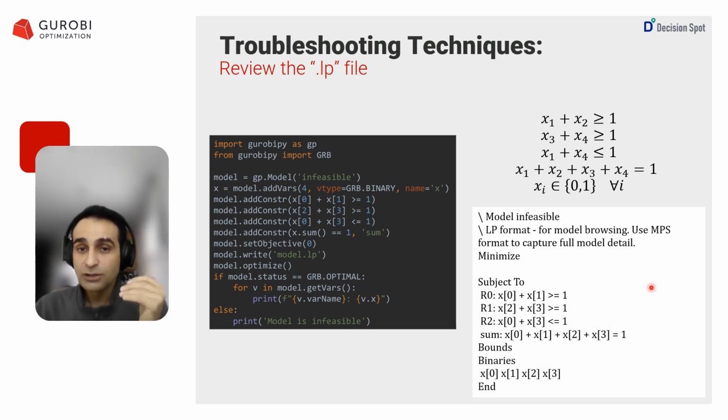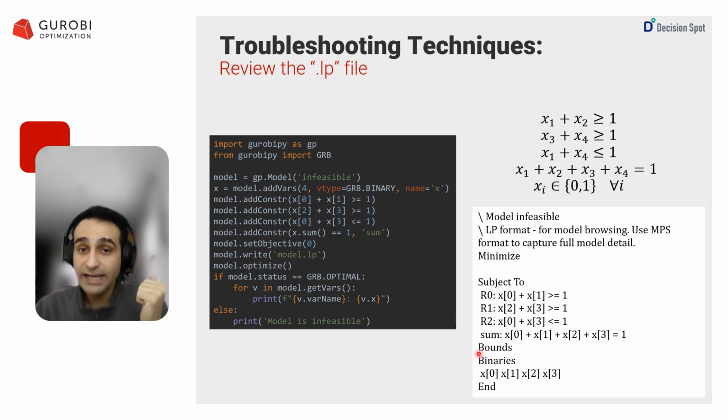The LP file looked like what you see here on the right. I use the X as the name passed to the addVars function for creating my variables, and I only provided the name sum for the last constraint, right? But you can see them being reflected in the .lp file as well.